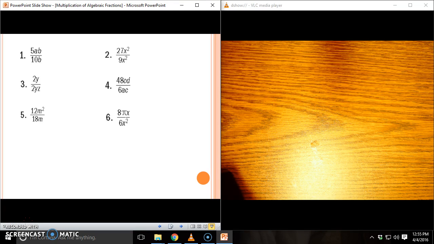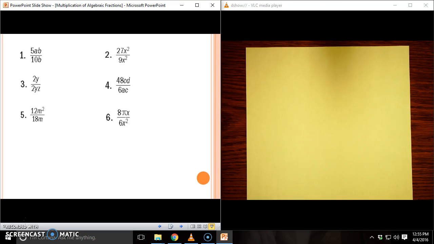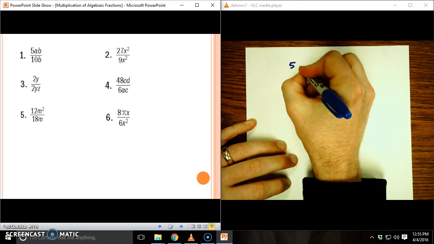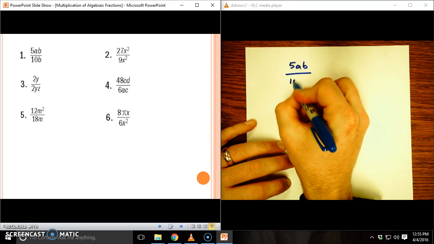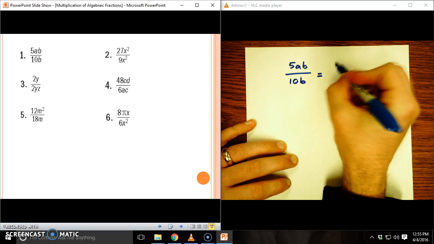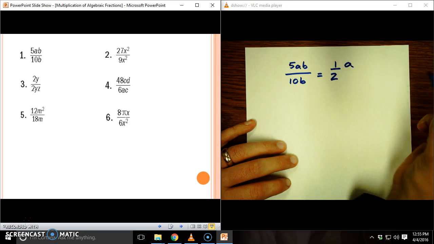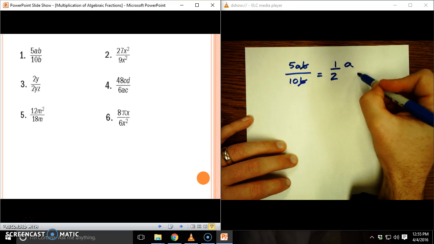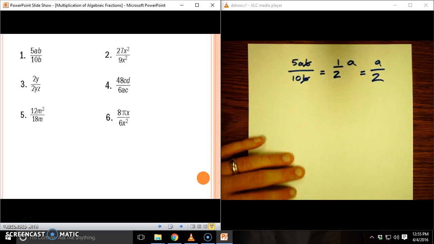So here are some examples. You can just do a couple of them. We're not going to do all of them. Let's start with 5ab over 10b. So 1/2 a, your b's are going to cancel, so the best answer is going to be a divided by 2.